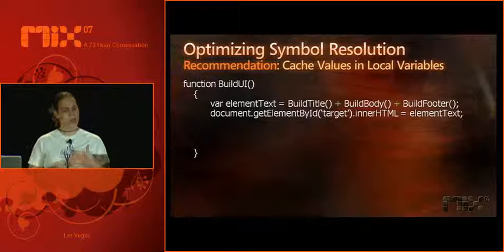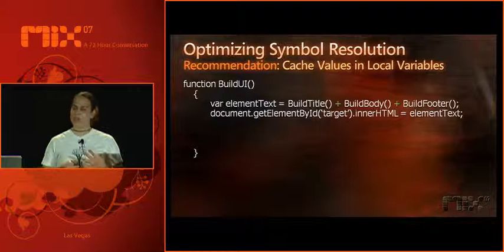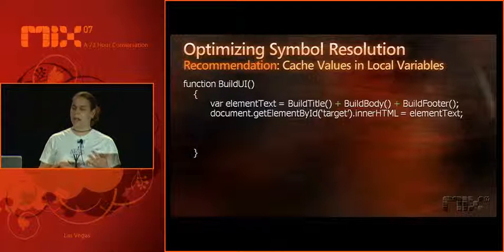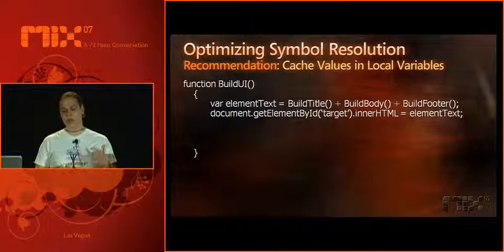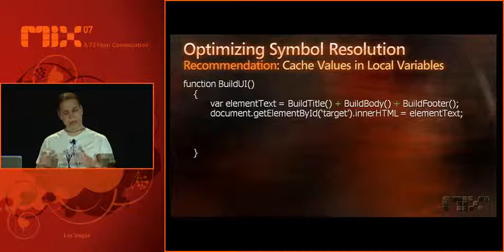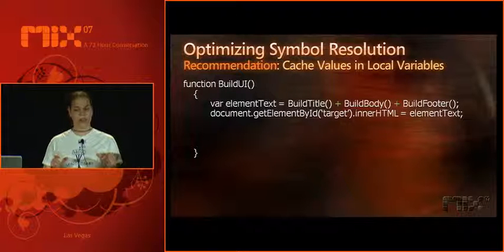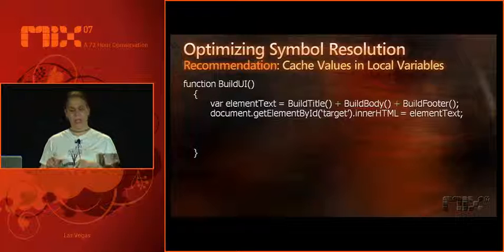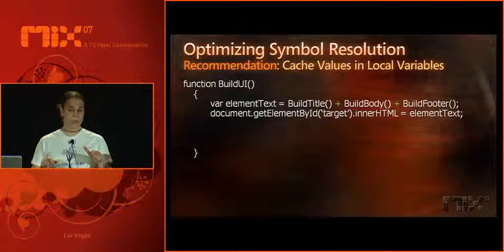Since accessing DOM functions and DOM properties is much more expensive than accessing JavaScript, especially local vars, what I can do is take all of the content, all of the strings, make an assignment to a local variable, and then do one DOM assignment in the function.